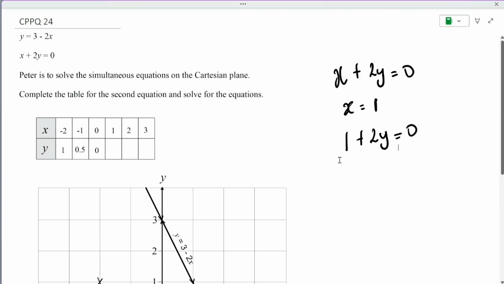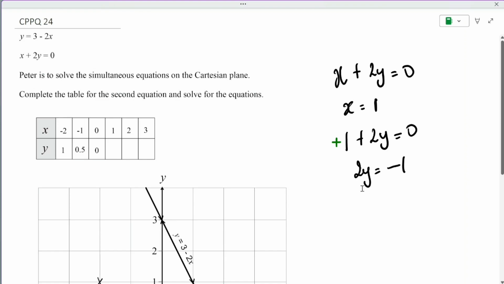Note we're looking for y. So we take this plus 1 over the equals sign, it turns to minus 1. But standard in math, we say subtract 1 from both sides, or we say add minus 1 to both sides. The result is still the same as saying this 1, which has a positive, crosses the equals sign and turns to minus 1. So we have 2y equals minus 1.